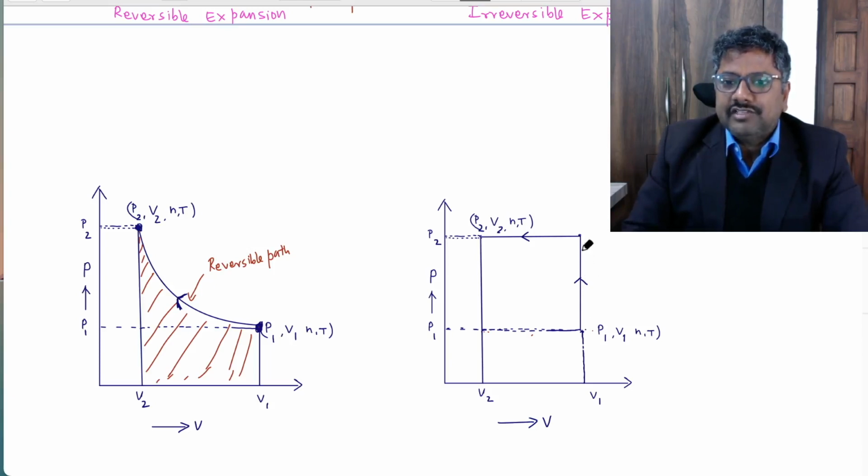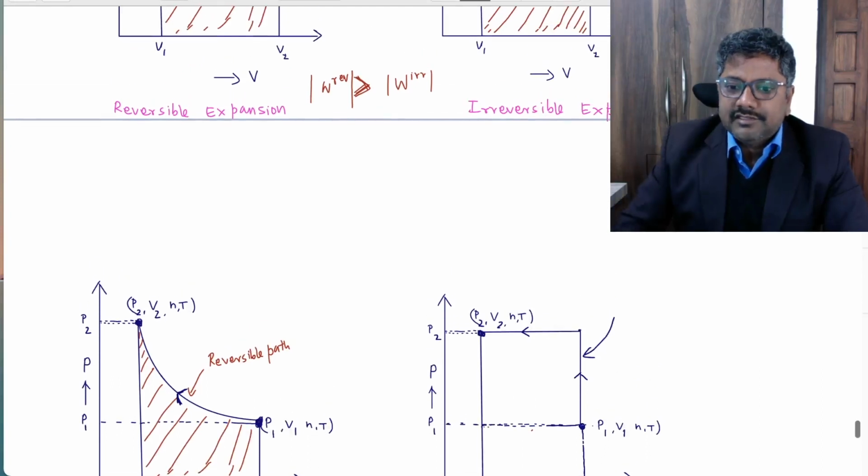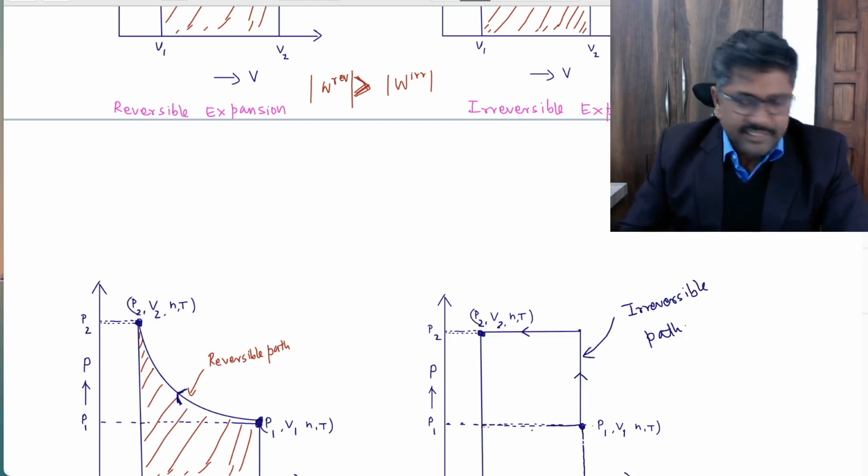We are changing pressure but the volume is constant. So this time this is the initial state and this is the final state, and this is the irreversible path of compression, right?